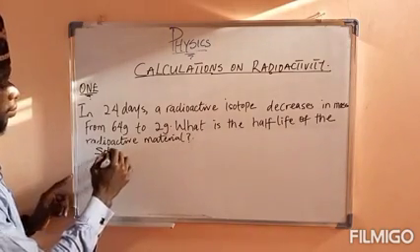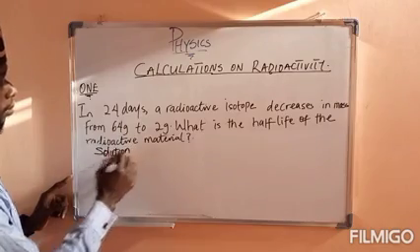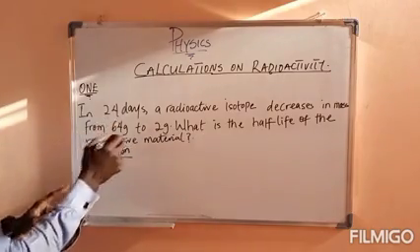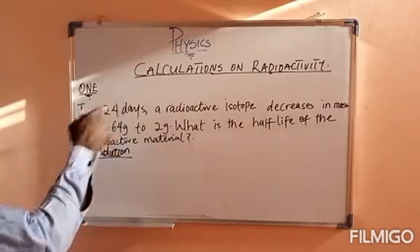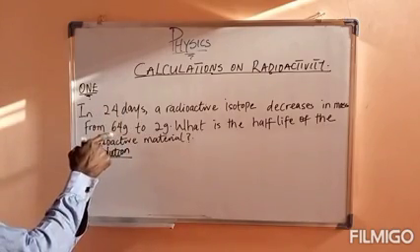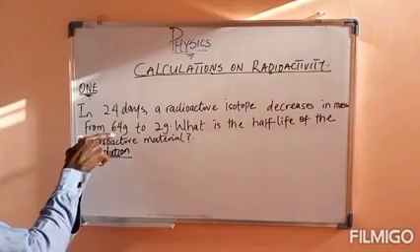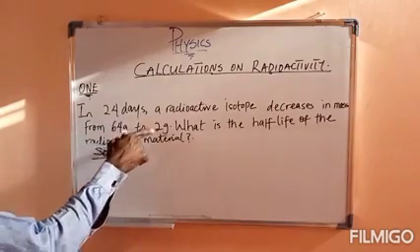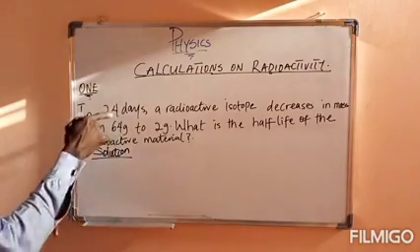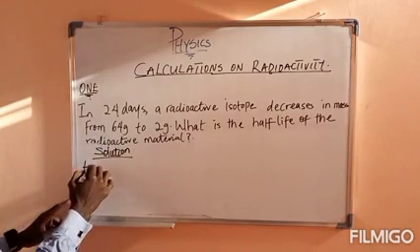Solution. It takes 24 days for the radioactive element to disintegrate from the initial mass to the final mass. So that time it takes is known as time of decay.